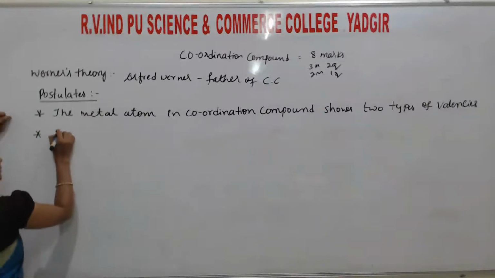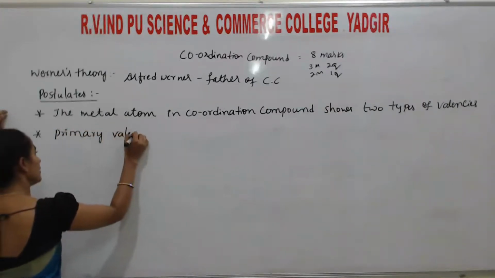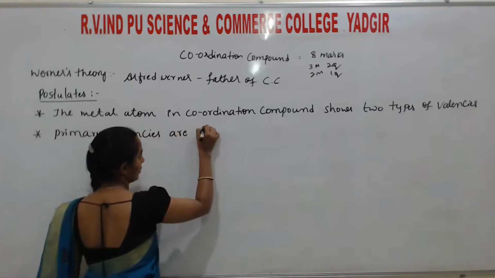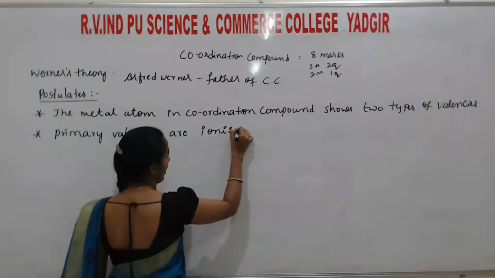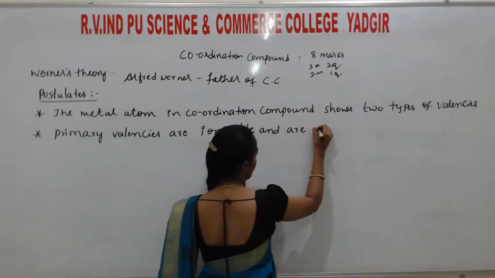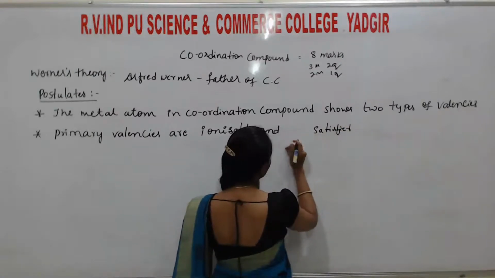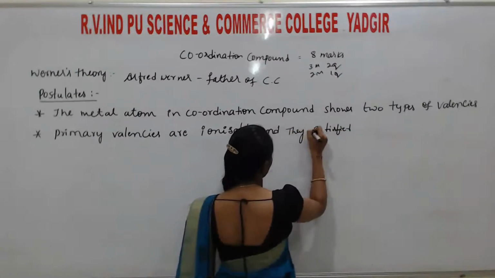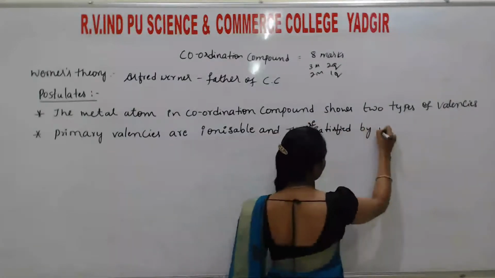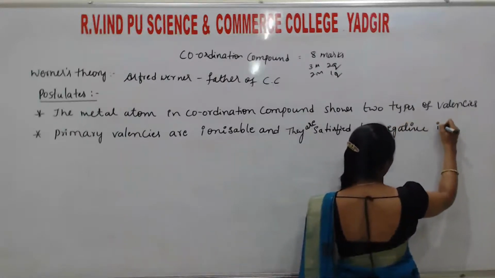So in that, primary valencies are ionizable and they are satisfied by negative ions.